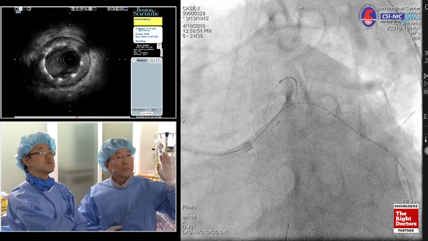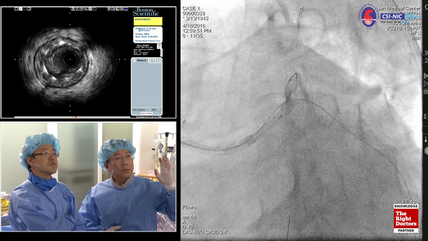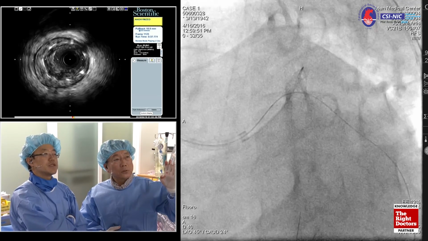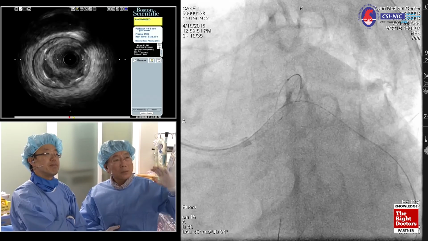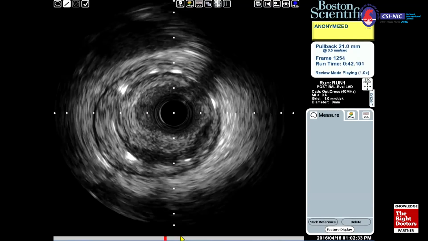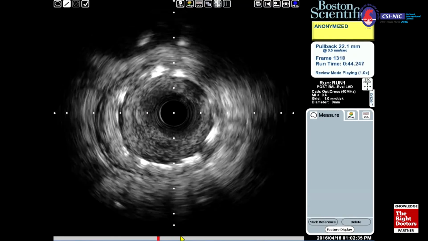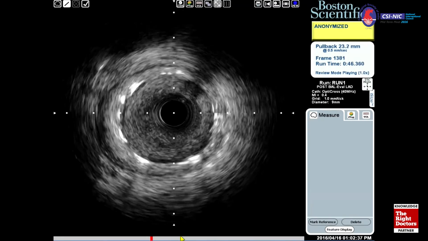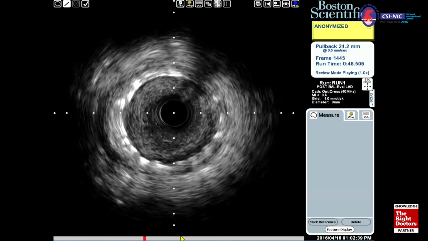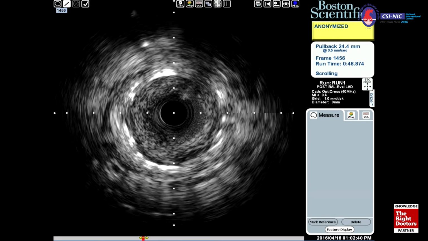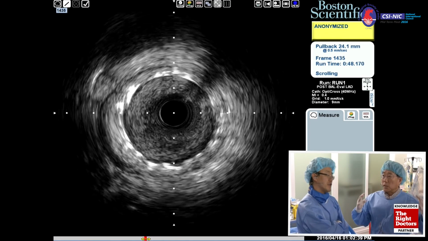I personally believe there is still under-expansion. It's not related to small stent areas. However, compared to the medial reference vessel diameter, it's still under-expanded. That is mainly intima hyperplasia.